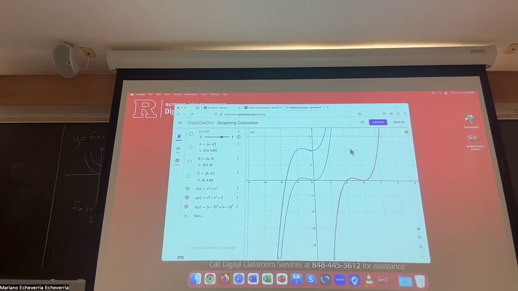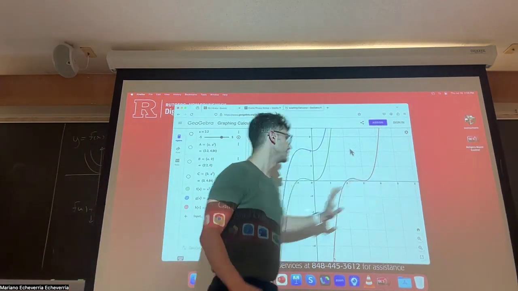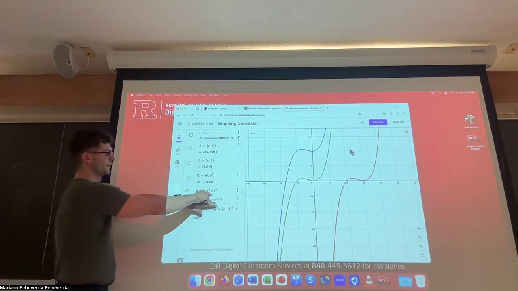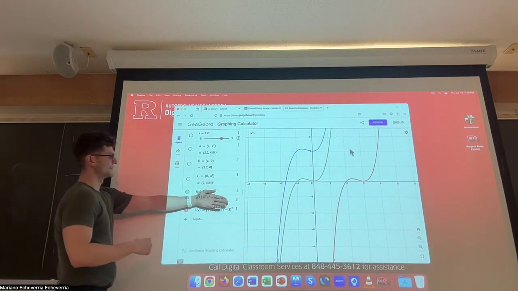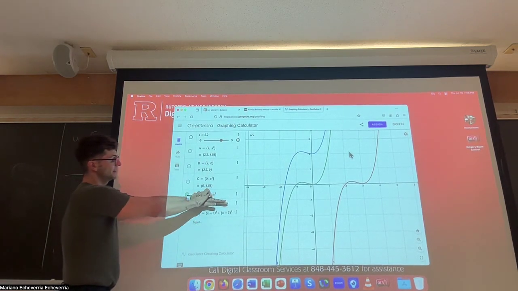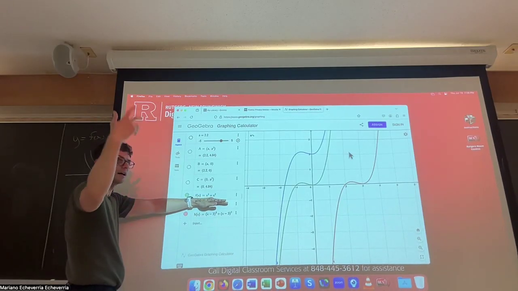And you see there that the green one was moved 3 units. Let's ignore this other one, because I'm doing it with reference to the original one, which is the green one. So what I did is every time I see an x, I replace it with x minus 3, but I don't touch the formula elsewhere.